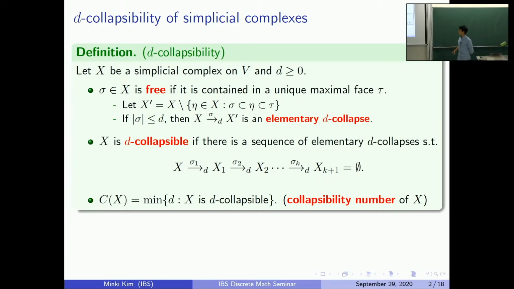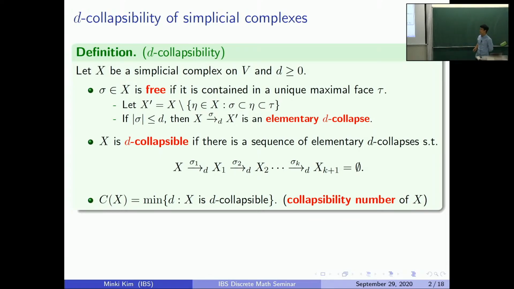We are given a simplicial complex X with vertex set V and some integer d at least 0. Then we call a face of X free if it is contained in a unique maximal face. And an elementary d-collapse is an operation to delete this free face sigma and all faces containing sigma.